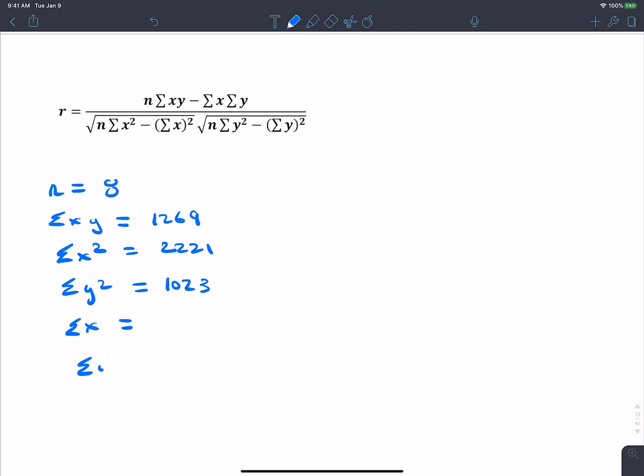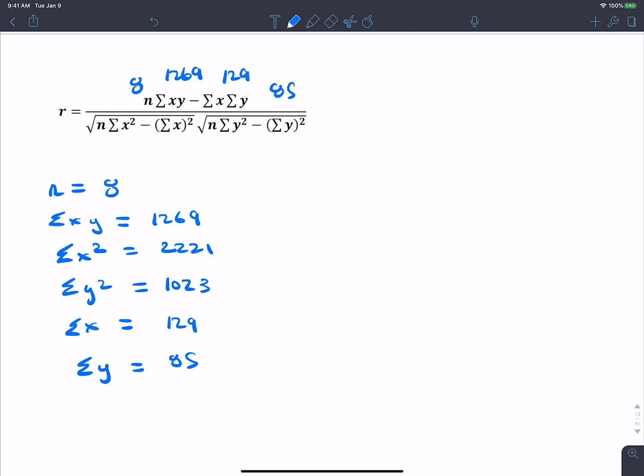We need sum x and we need sum y. What's your sum x? 129. What's the sum y? 85. Okay, let's plug these things in here. Remember, n is 8. Sum xy is 1269. Sum x is 129. Sum y will be 85.